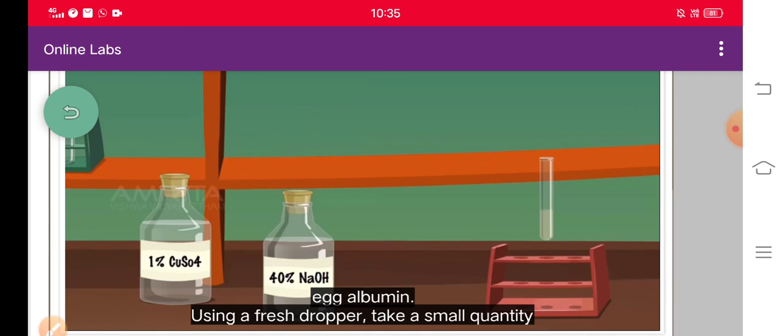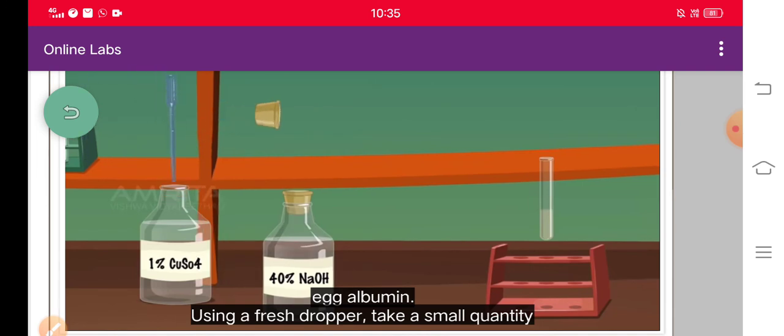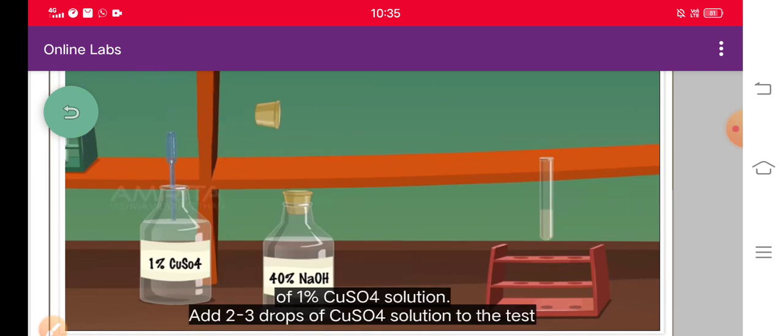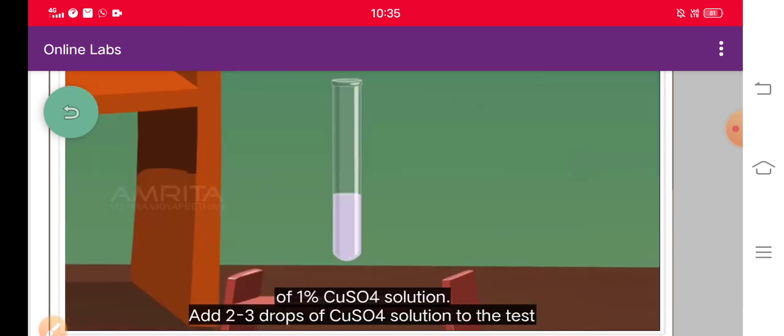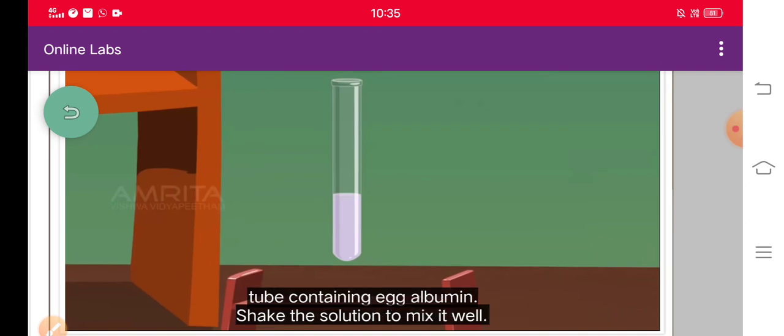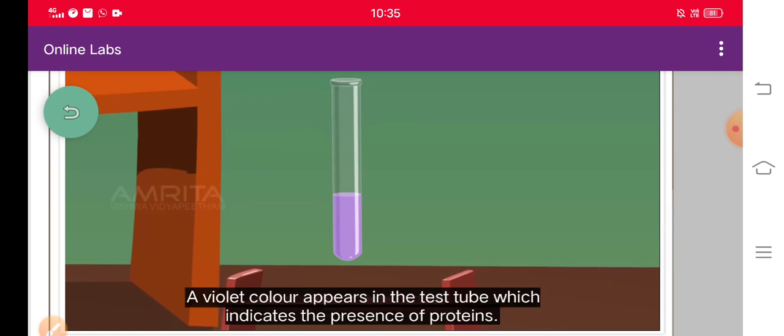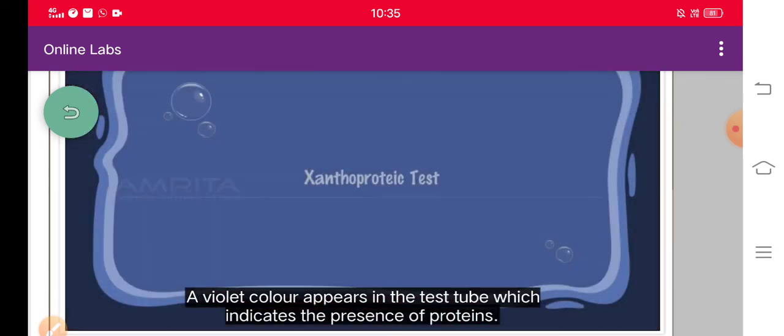After it, using a fresh dropper, take a small quantity of 1% CuSO4, add 2 or 3 drops of CuSO4 solution to the test tube, and it becomes violet in color. Shake the solution to mix it well. A violet color appears in the test tube, which indicates the presence of protein.